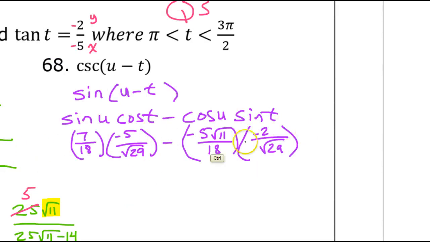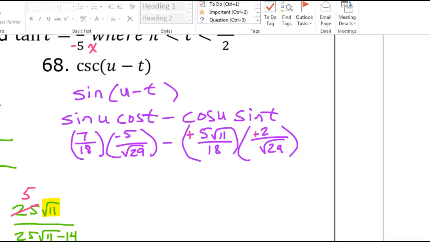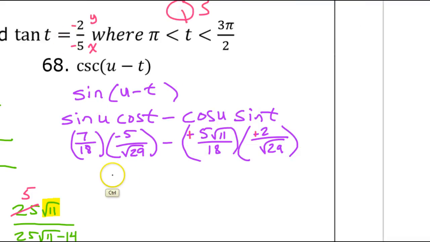So it's just a matter of simplifying all this. Notice here we have a negative times negative, so these are going to turn to positives, so don't worry about those. So now let's just start the simplification process. So this will be negative 35 over 18 radical 29 minus, right, because that minus is still there.